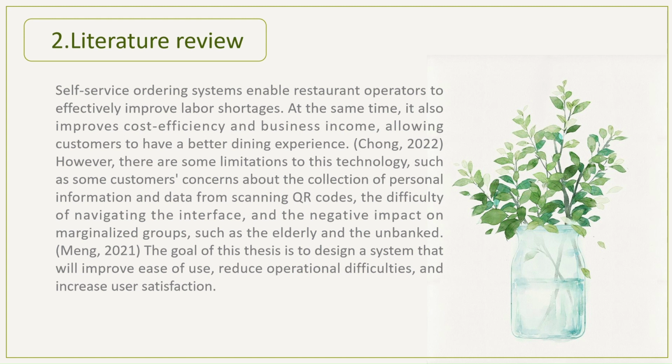At the same time, it also improves cost efficiency and business income, allowing the customer to have a better dining experience. However, there are some limitations to this technology, such as some customers being concerned about the collection of personal information and data from scanning QR codes, the difficulty of navigating the interface, and the negative impacts on some groups such as the elderly and unbanked.